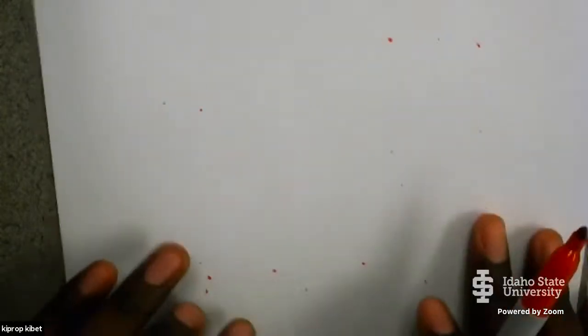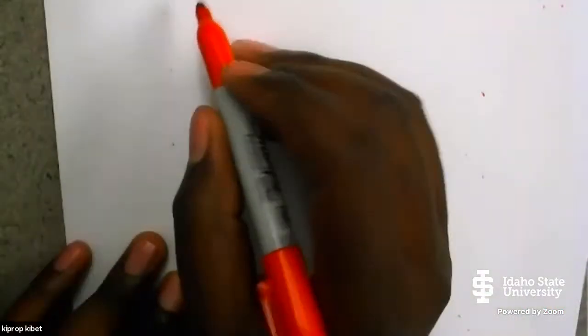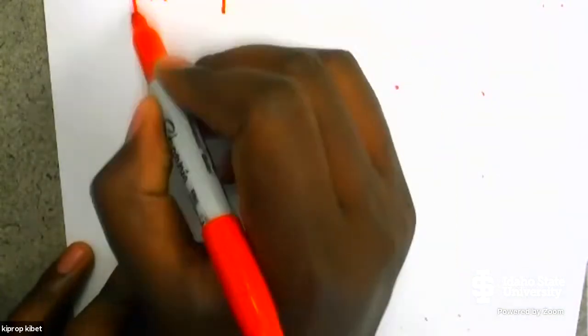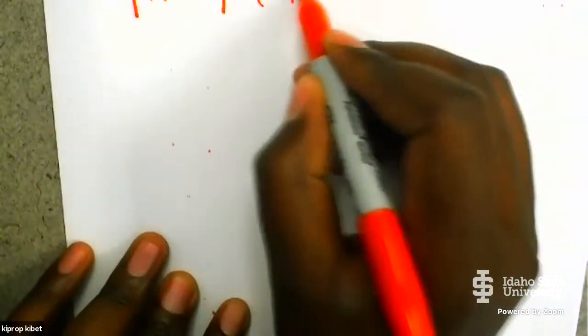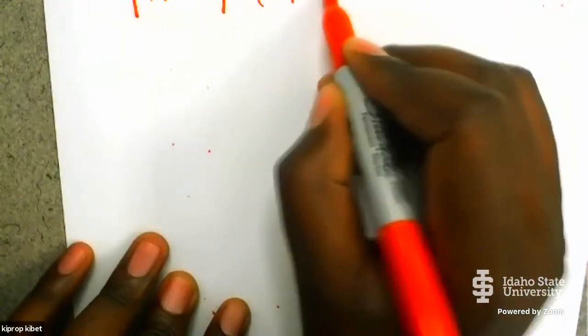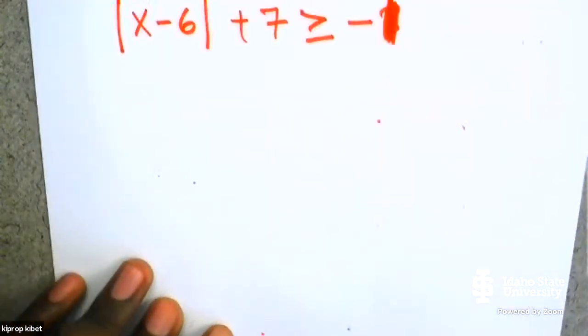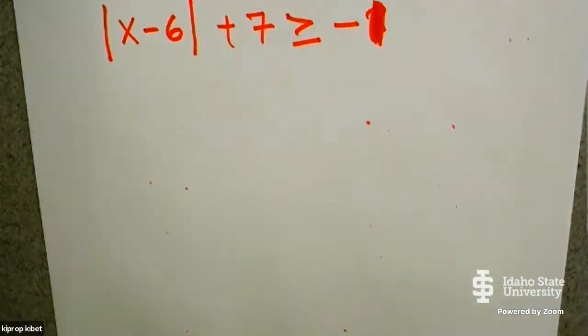Now, the last example, say we are given the absolute value of x minus 6 plus 7 greater or equals to minus 1.